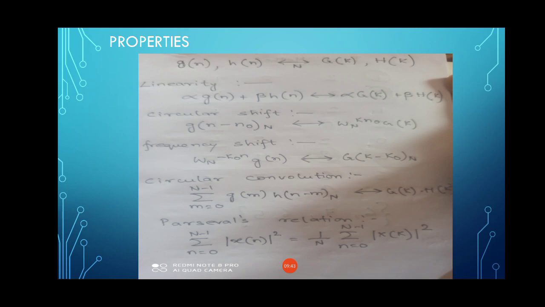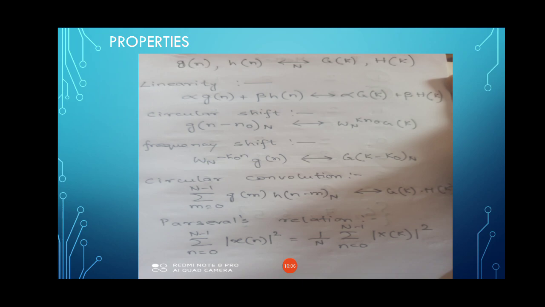As we have seen in the previous transformation methods, the first property which is common to all the transformation methods is the linearity property. Here also we have the same linearity property.